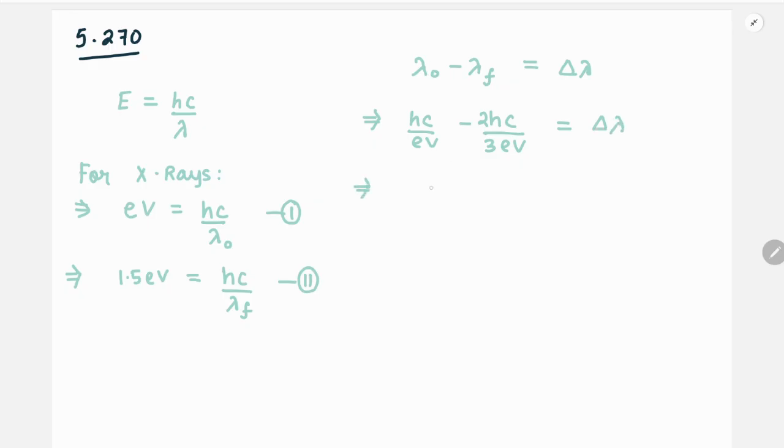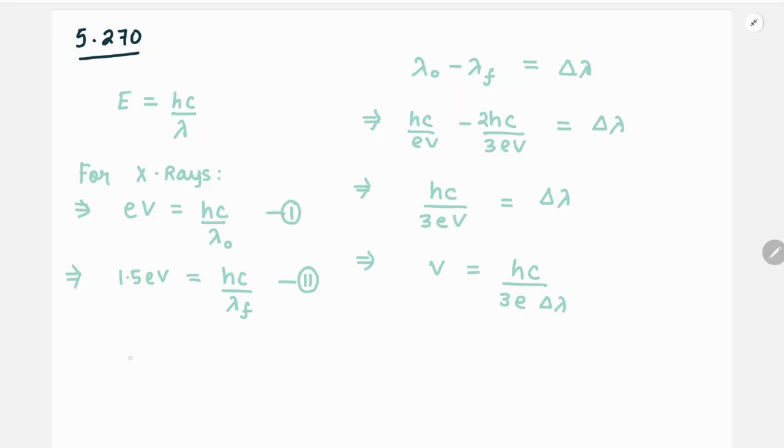Then we can write it as hc by 3 eV is equal to delta lambda. The problem here is asking us for calculation of V. So V can be written as hc by 3e delta lambda.